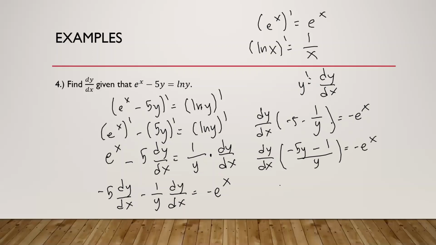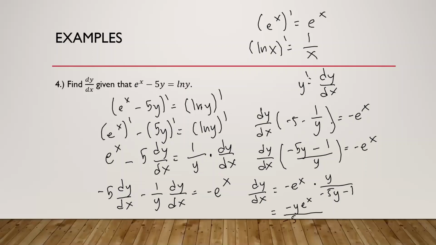Okay, so simplifying. So dividing both sides by negative 5y minus 1 over y. So magiging negative e to the x times y, negative 5y minus 1. Okay, so ang mangyayari, negative y e to the x kasi minultiply si y sa negative e to the x.